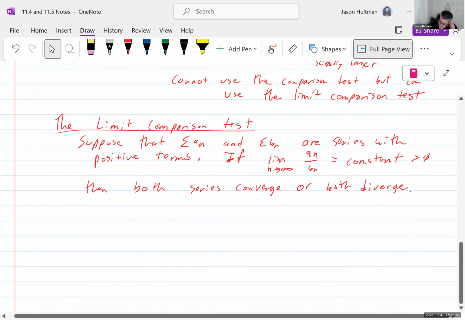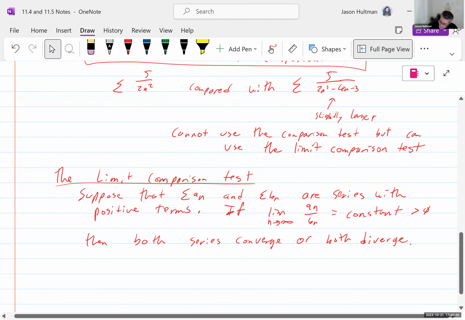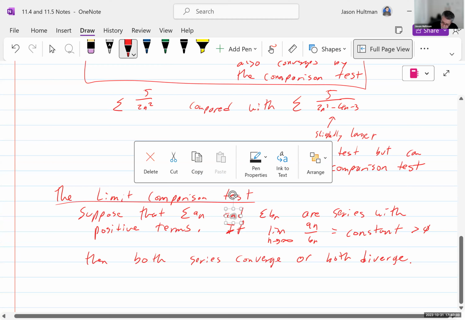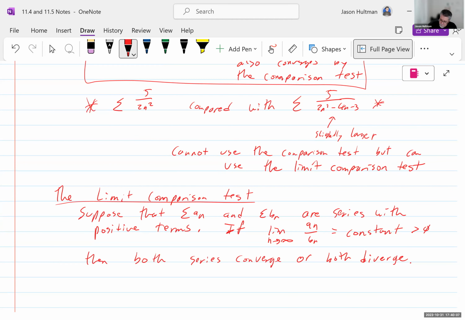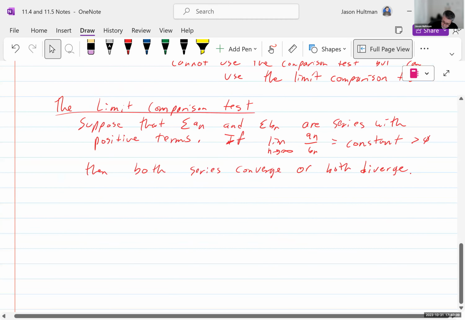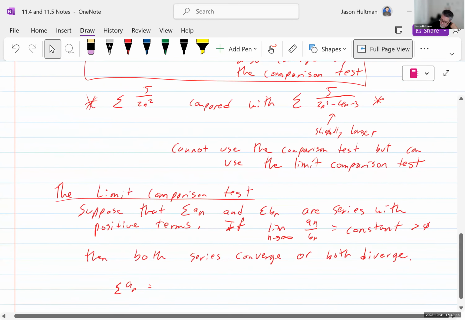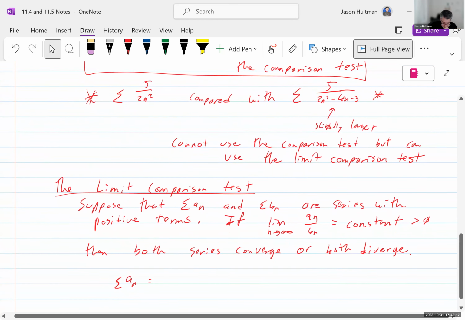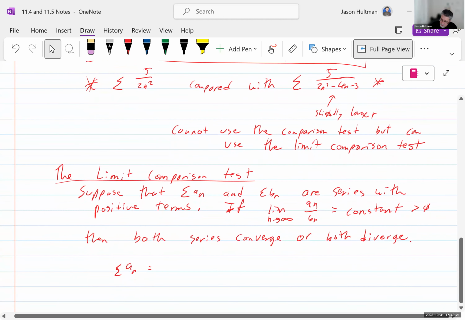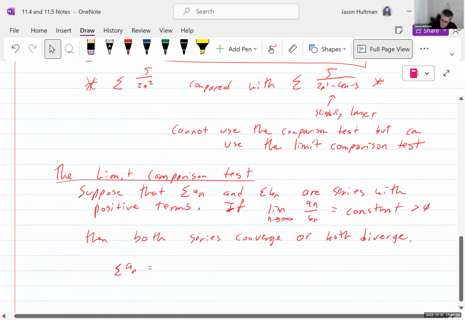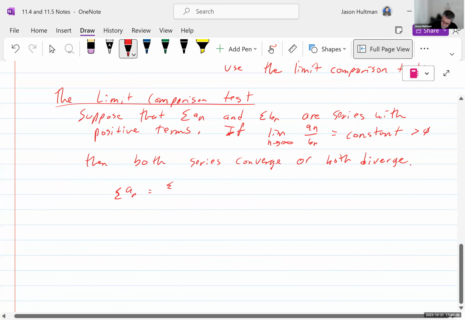So let's use the limit comparison test with this one that we couldn't use the basic comparison test on. So I'll let a sub n be equal to, what do I want? It really doesn't matter, but I'll put the simpler one on top.